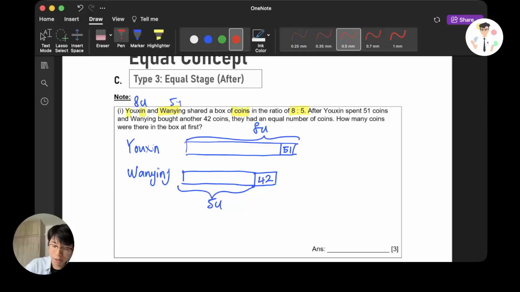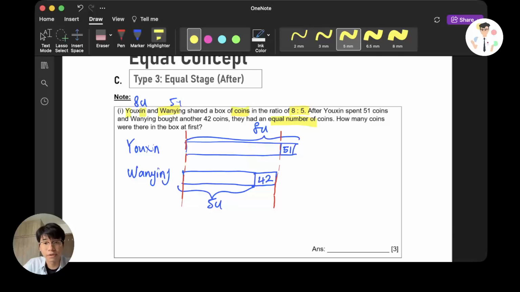Now this part is actually the same, because they have an equal number of coins. How many coins were there in the box at first? Since we're talking about the number of coins, it's very important for us to look at the bar model very carefully. I know from here up to here is 8 units, and from here up to here is 5 units.